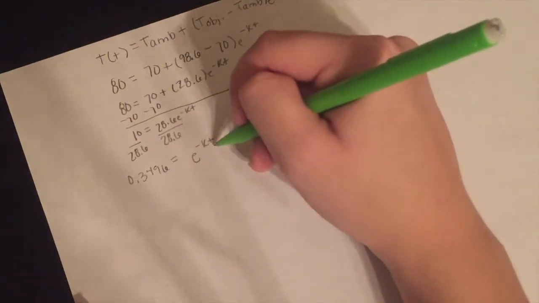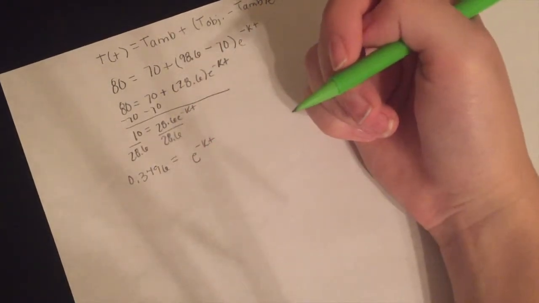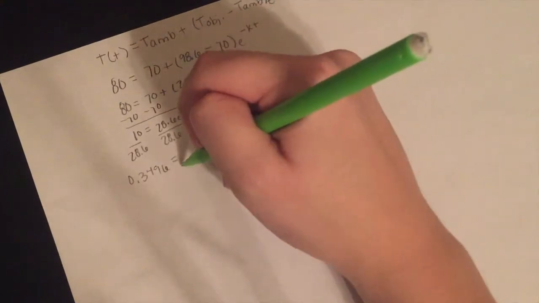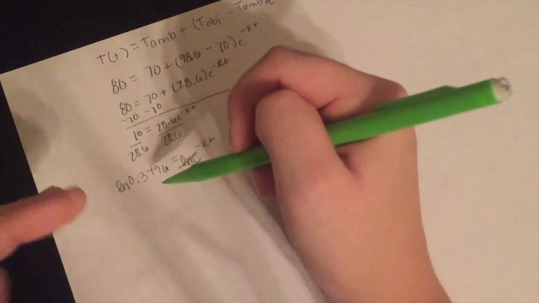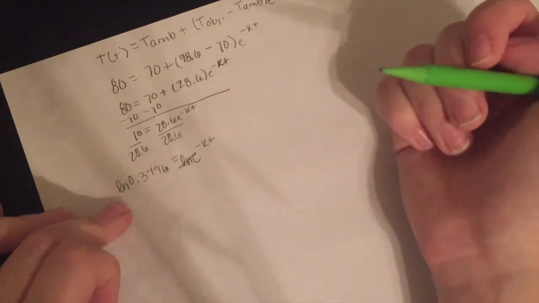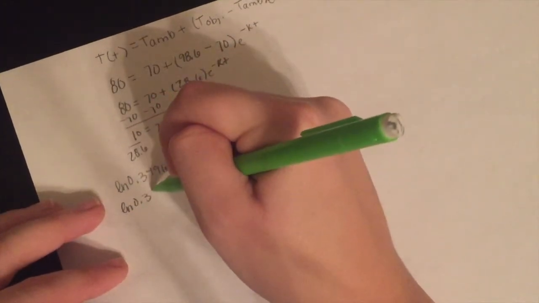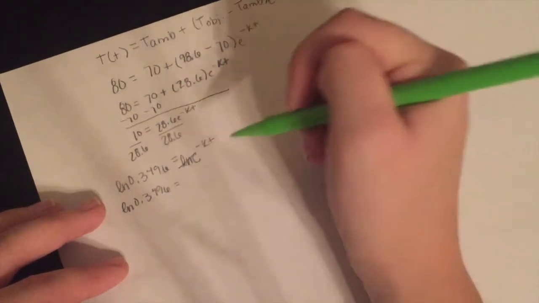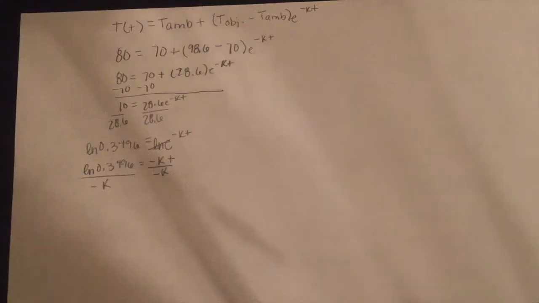So we're actually trying to find t right now, and just like the last equation, what we're going to do is take the natural log of each side to get rid of the e. So those will cancel out, and we really don't need to find the ln of this just yet because that makes things a little bit confusing. So we're going to leave it like this, even though we're going to have a variable later. So negative k times t.